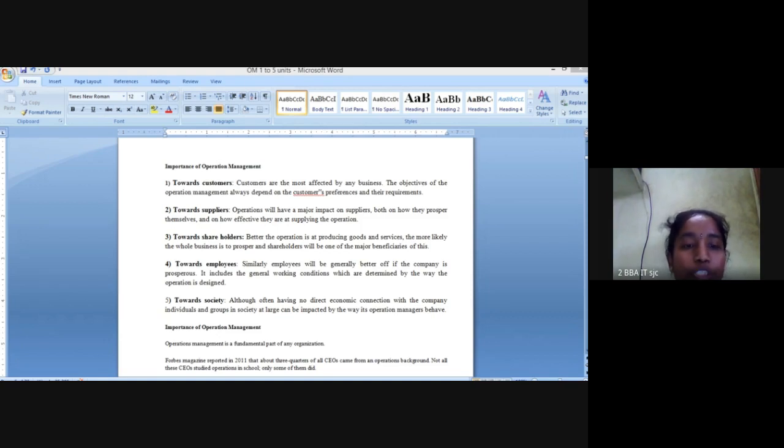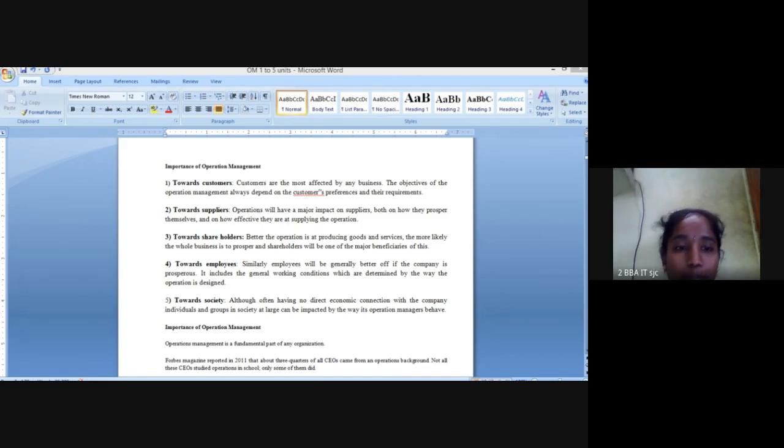Next, the fourth one is towards employees. The employees are those who are working for an organization.